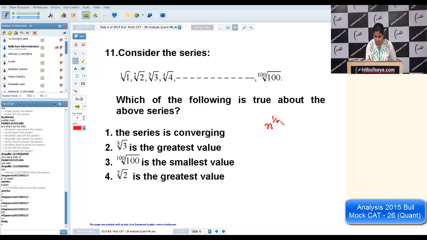N raised to power 1 by n is maximum when n is equal to e. E is the exponential. What is the value? That is 2.7, the approximated value. So whenever n is near to e, the value will be maximized. So as you can see, all the values are of this format only.